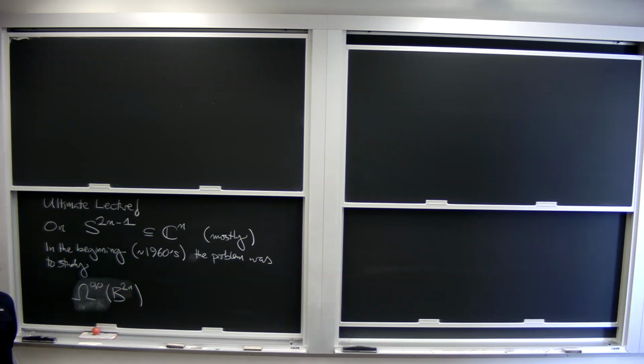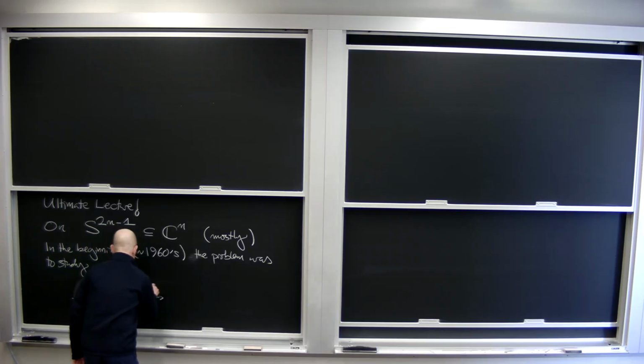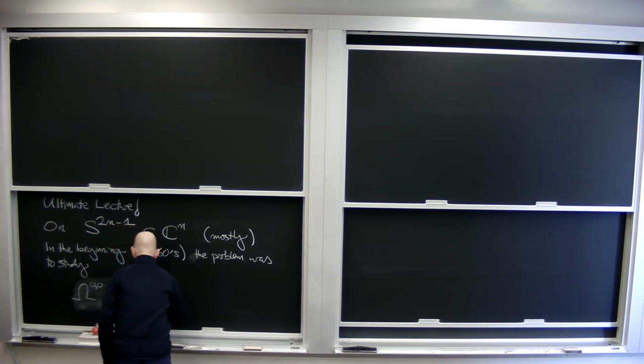They're not just r-forms, they're (p,q) forms with p plus q equal to r. And so there's a complex, and the easiest part of the complex is this part here.